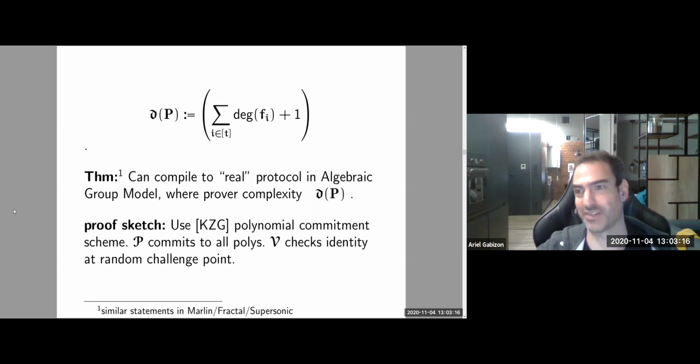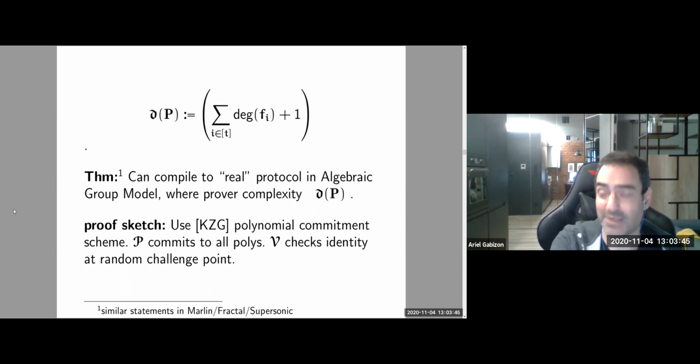In the real protocol, the verifier will choose some random z and ask the prover to open all these polynomials at this random z and check the identity at this random z. And then the question is, how much does the prover work in this compiled protocol? Almost all the work will be computing all these commitments, and it will exactly be this sigma p. That will be the number of elliptic curve operations.